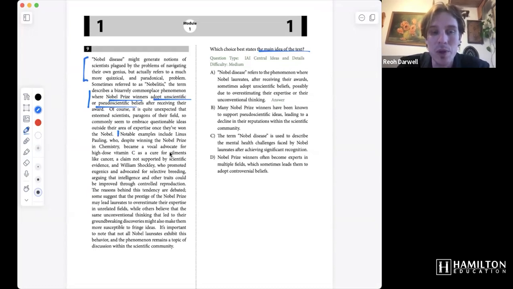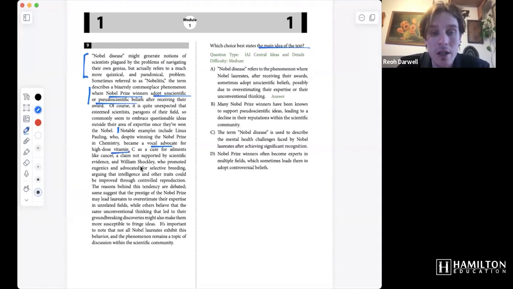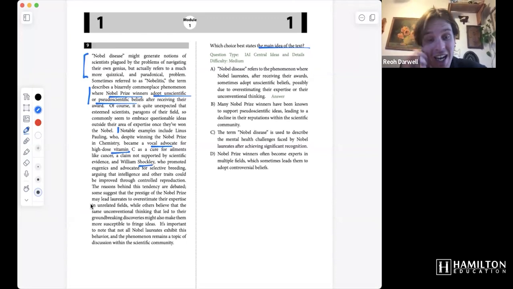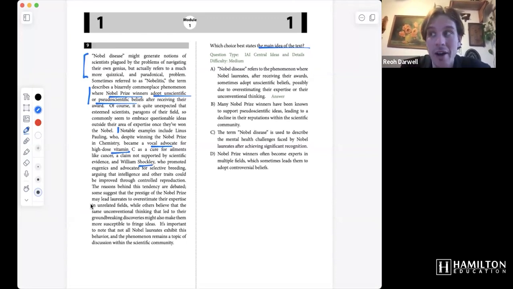Pauling, who became a really vocal advocate for high dose vitamin C as a way to cure pretty much everything. And Shockley, right, who promoted eugenics and advocated for selective breeding. These are kind of crazy things. Crick, for example, I believe, from Watson and Crick, I think it was him, also kind of had some crazy things that came after winning his Nobel. Now we see another main idea, okay, another thing that can clarify the main idea.